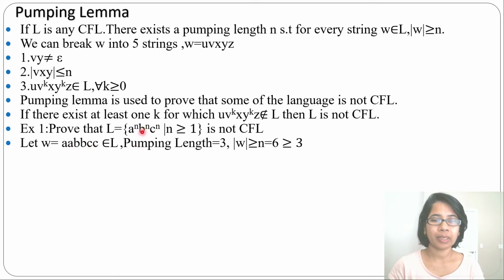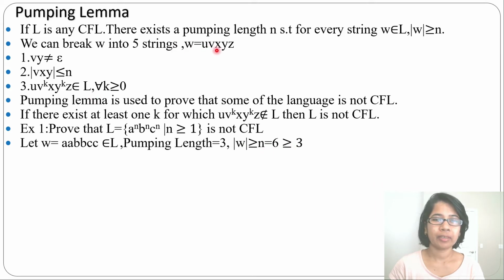Here the minimum pumping length will be 3, as the minimum string it accepts is abc since n is greater than or equal to 1. More than 3 you can consider any pumping length. I am just considering pumping length equal to 3. And the length of w here is 6, which should be greater than or equal to the pumping length. So 6 is greater than or equal to 3, so it's okay.